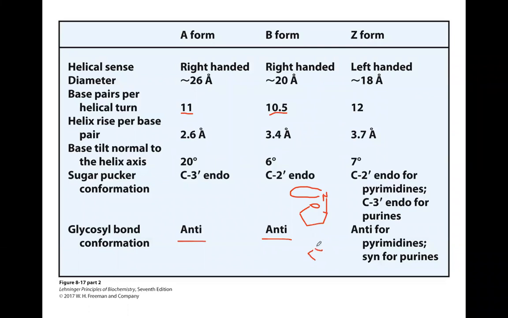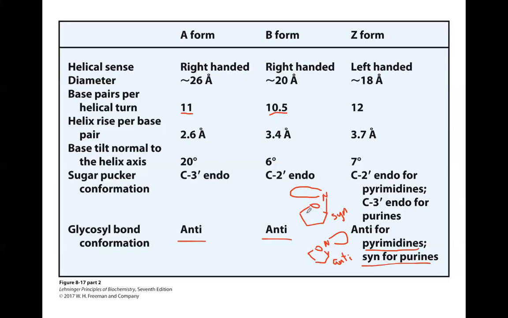When it's this way, it's anti. So it turns out that for both A and B form, it's anti, but for the Z form, for pyrimidines, it's still anti, but for purines, it will switch to syn. So the purines will find themselves above the ribose ring.